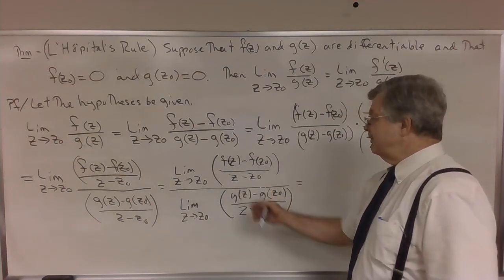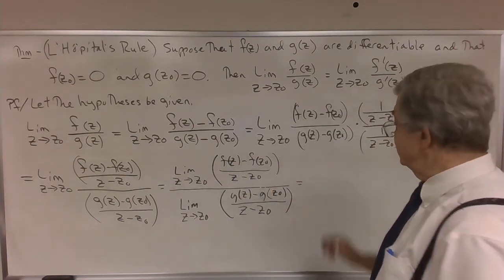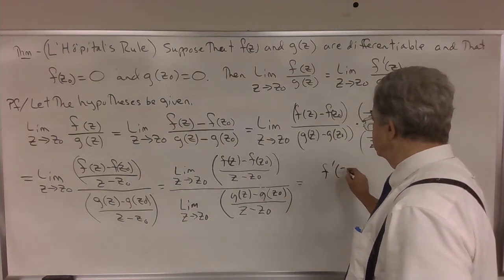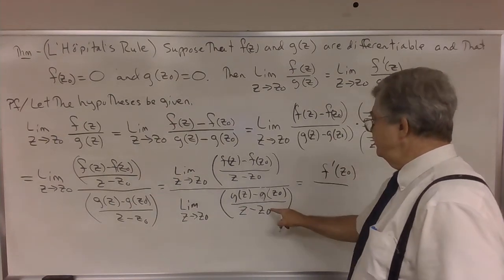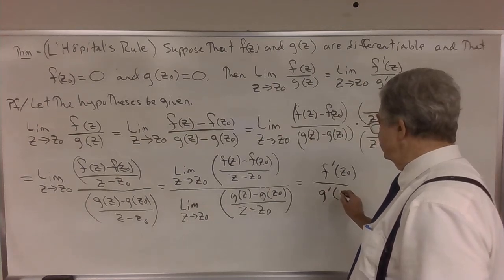And what's this? f prime evaluated at z naught, right? And this is g prime evaluated at z naught.